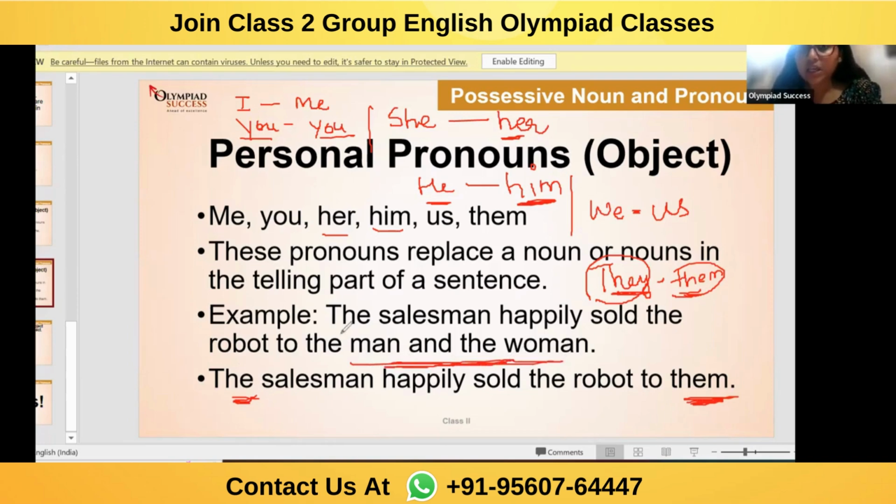So we cannot say the salesman happily sold the robot to they. They is wrong. It comes at the end part of the sentence, so we use them. The salesman happily sold the robot to them. If there are many salesmen, what do we use? They. They happily sold the robot to them. So here they is used at the first part of the sentence, the starting. That starting is called subject and the last is called object.